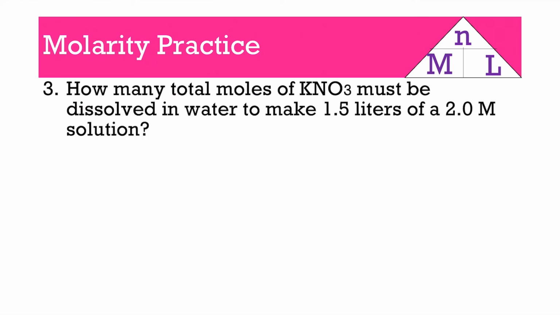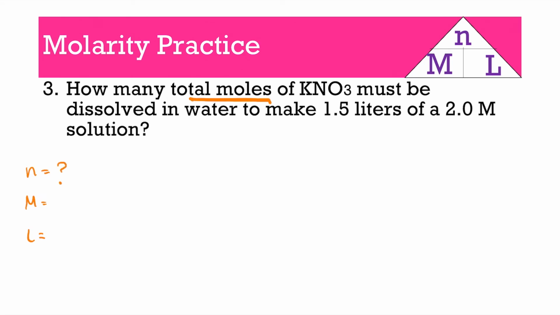So lastly, question 3 says how many total moles of potassium nitrate must be dissolved in water to make 1.5 liters of a 2 molar solution. So again, our first step should always be to list out our variables. So we're looking for moles.